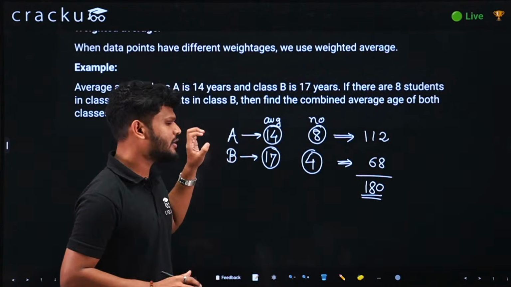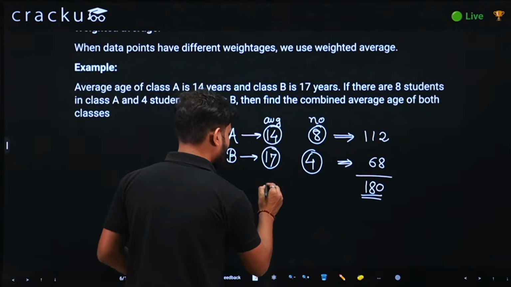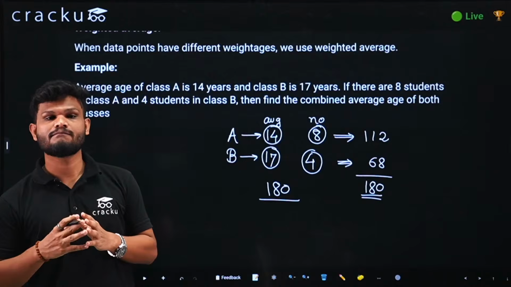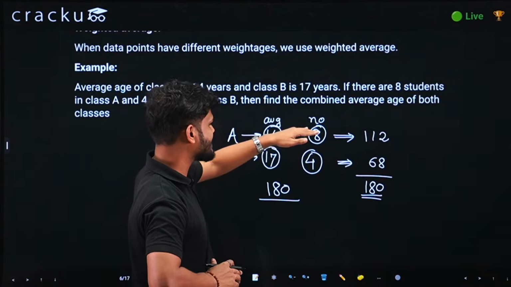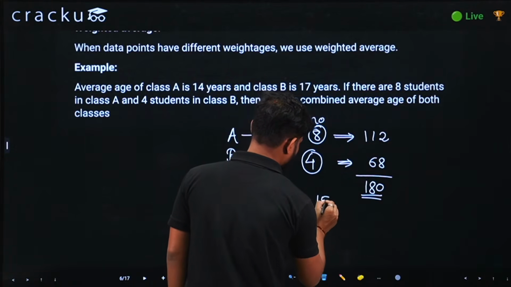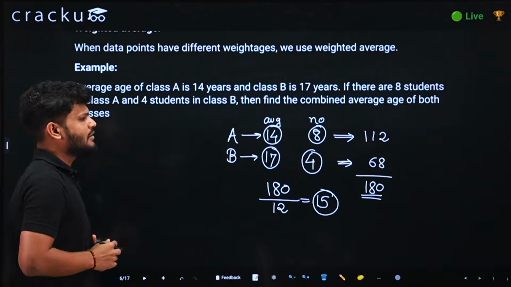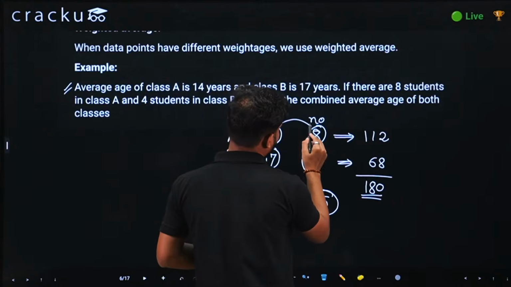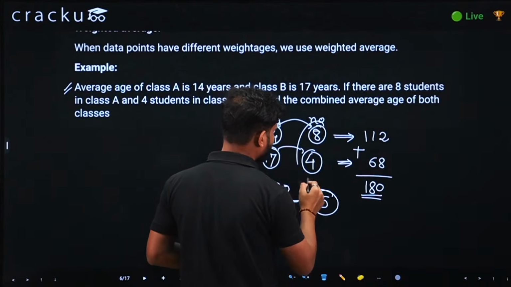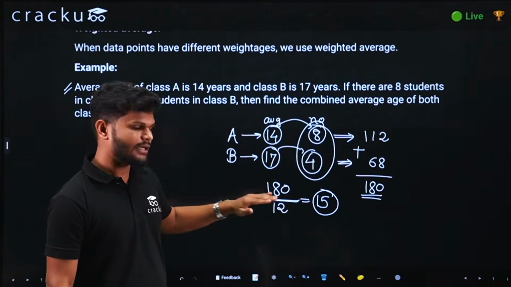Now divide by the total number of students, which is 8 plus 4, which is 12. This will give you 15. So 15 years is the combined average age of both the classes. What we did was multiply each data point with its weight, add the two, and divide by the sum of the weights. We found the total for each class and divided by the total number of students.